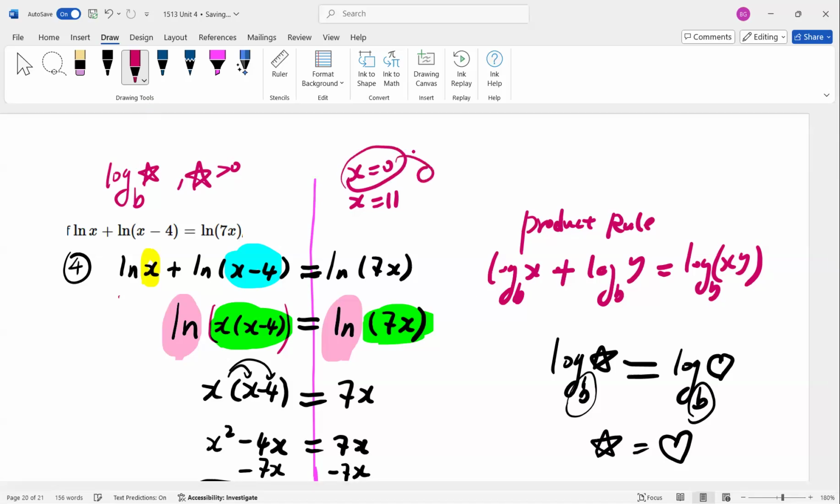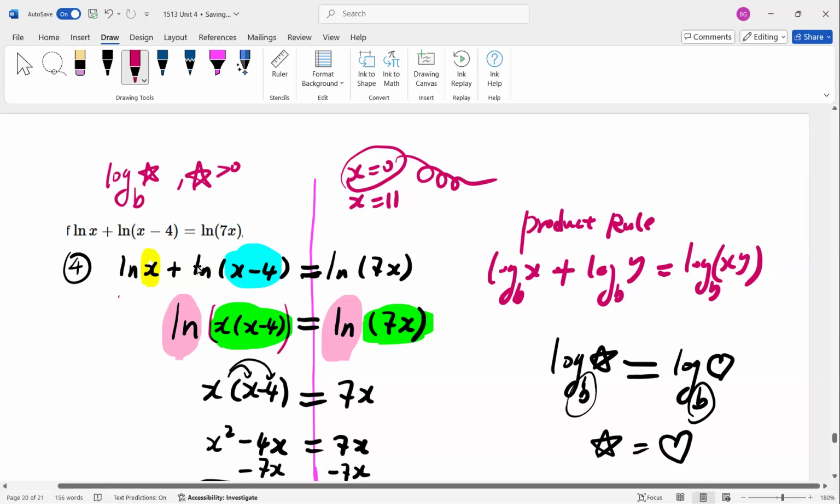No. Extraneous. 0 does not work. We are solving the original equation, and the original equation is not defined at 0. x cannot be 0. You try it, the calculator will tell you it's an error. The argument has to be positive.